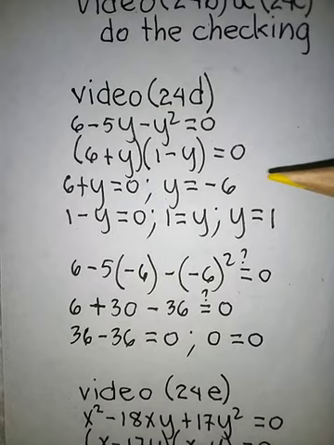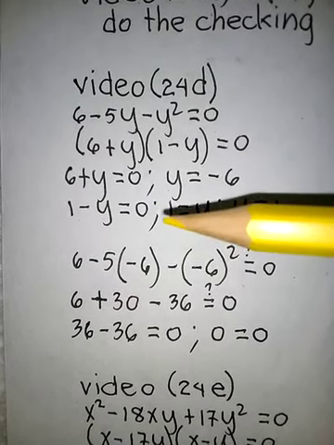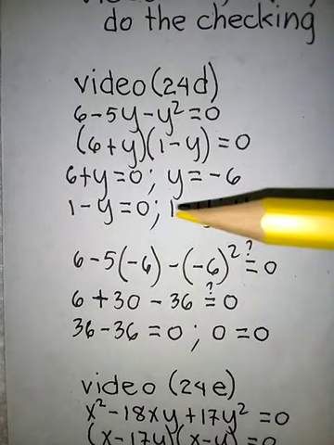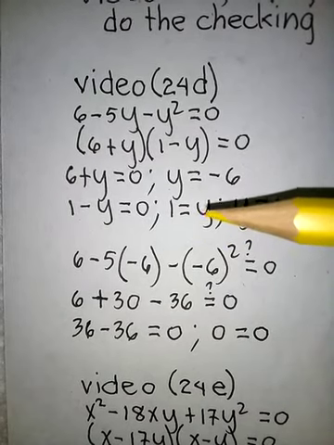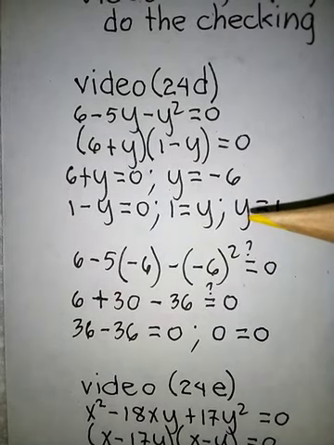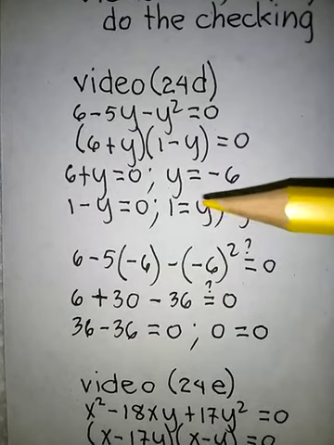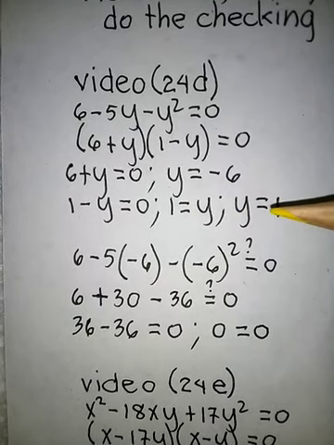So, y is equal to negative 6. And then the other one, 1 minus y is equal to 0. So, transpose y, 1 is equal to y, since negative here in the left side, and then by identity property, y is equal to 1.